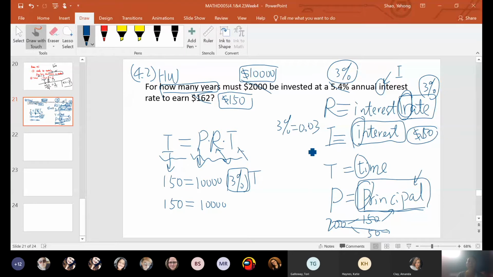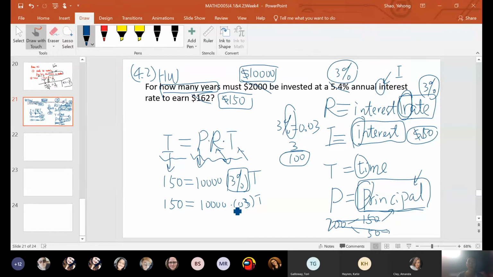If you're not so good with decimals, you can use fractions, because the percent symbol means out of 100, so you can divide by 100. You either use the decimal 0.03, or you can use the fraction 3 over 100. You just have to deal with operations of fractions.